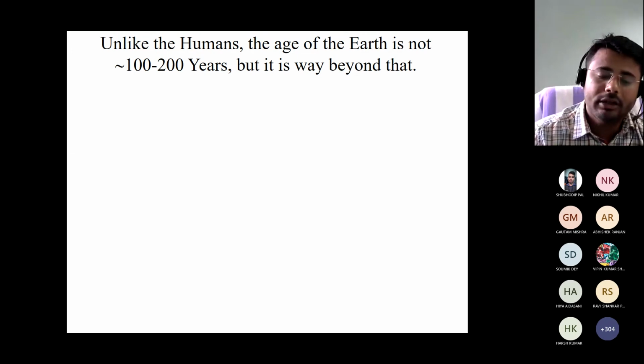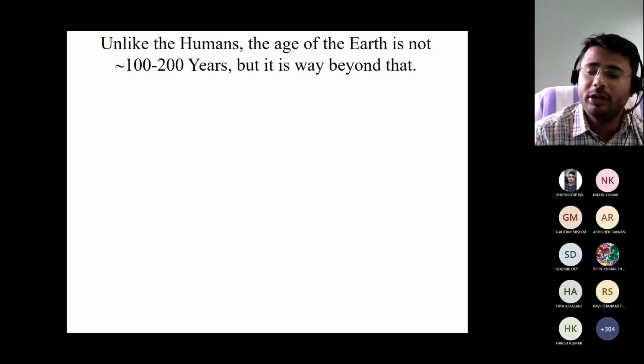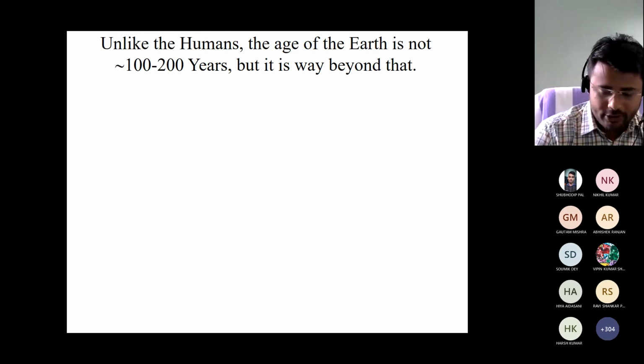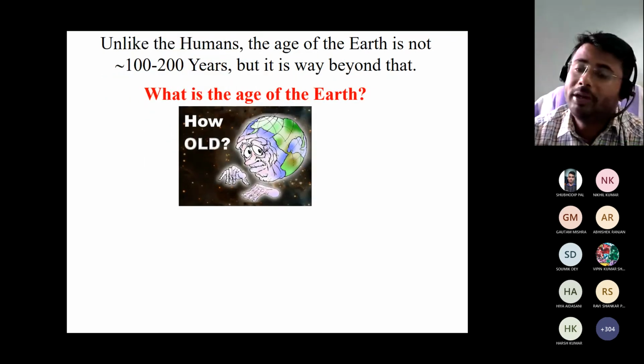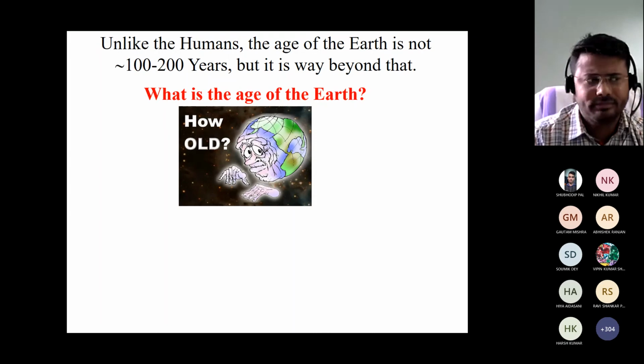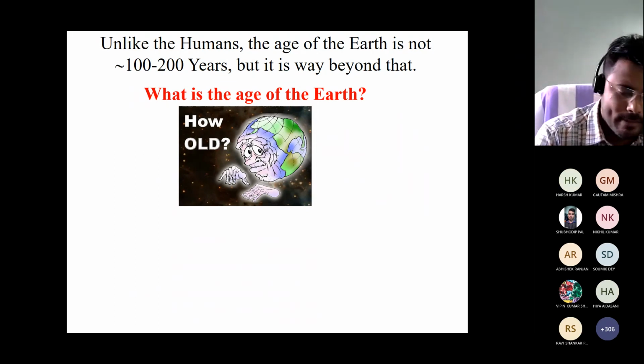So unlike humans, the age of the earth is not 100 to 200 years, definitely, right? But it is beyond that. So can you assume or presume what could be the age of our planet? 4.5 billion years ago.